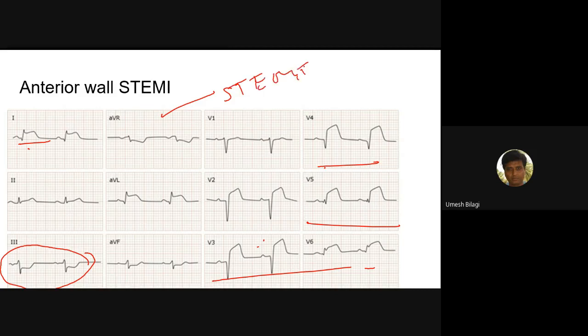These are called reciprocal changes. These reciprocal changes could be ischemia at a distance. That means the vessel which is supplying them was dependent on this vessel also due to collaterals.